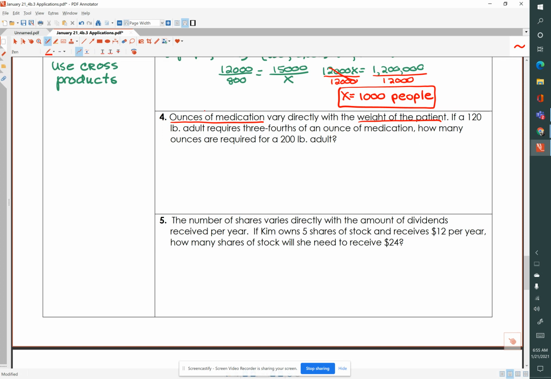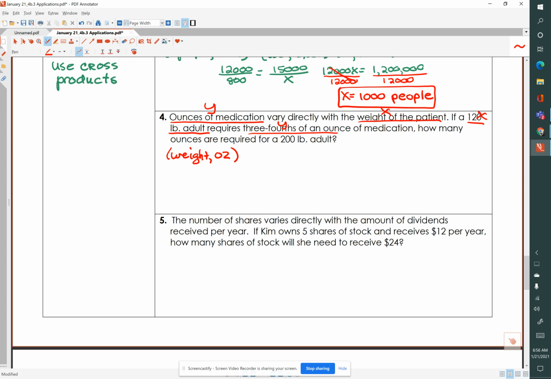So what are we comparing? Okay, we've got our Y and our X. So we're comparing the weight of the patient with the ounces of the medication. So let's look at the information that we're given so far. We have a 120-pound adult, that's an X value, and 3/4 of an ounce of medication, that's a Y value.